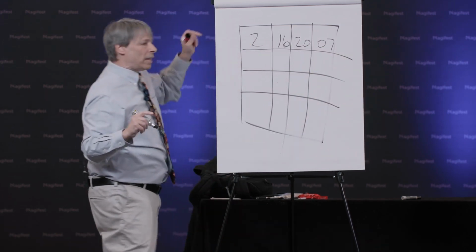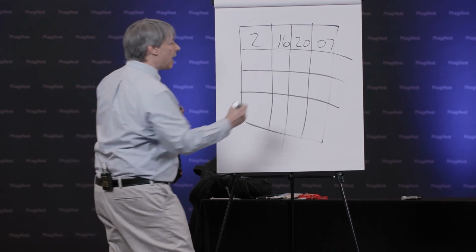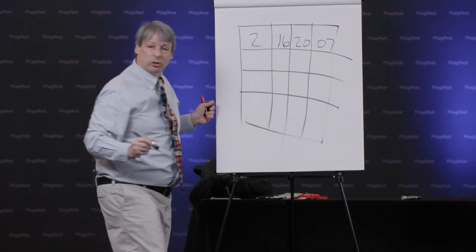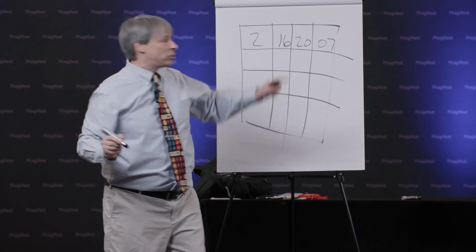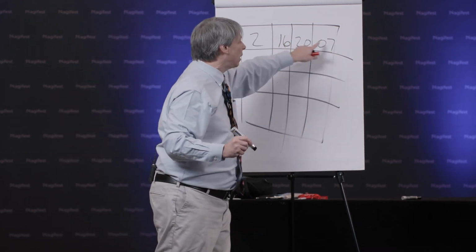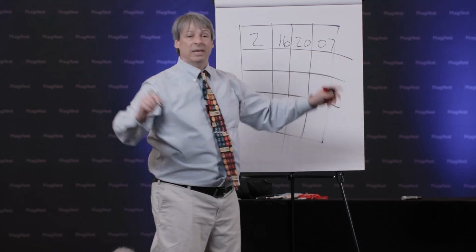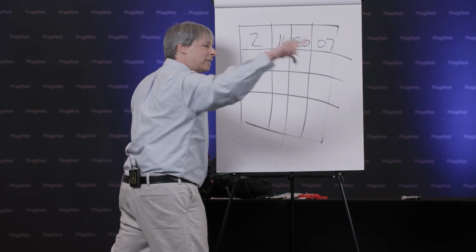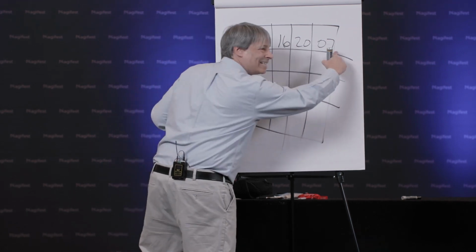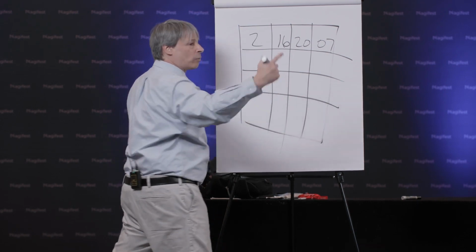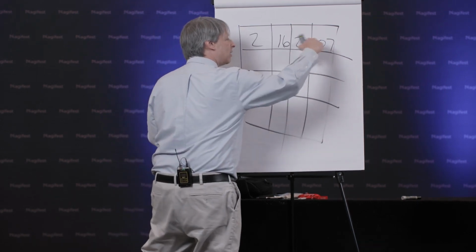So 2/16/2007. When I'm in the 2000s, I do 20, and then I'll write 07. If it was 2000 even, I'd say 2000. If it's 2001, I do 2001. But in the 1900s, I would definitely not do 19 and 99. That 99 would be way out of whack. If you were born in 99, I'd have a 9 here and a 9 there.